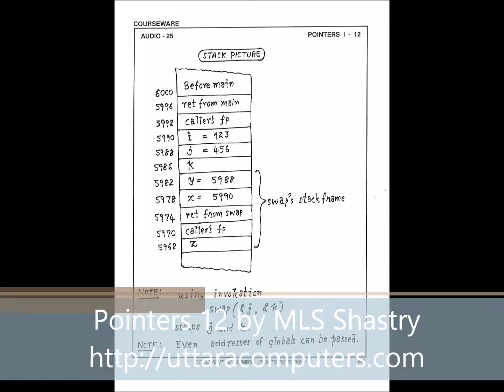Now he invokes the swap. In this case, of course, you have to push parameter values in reverse order. What is ampersand j is what you have to push. j itself is contents of 5988. Therefore, what is ampersand j? 5988. If contents of 5988 is j, therefore 5988 must be the address of j, which is ampersand j. So what he is pushing is a number which is 5988.